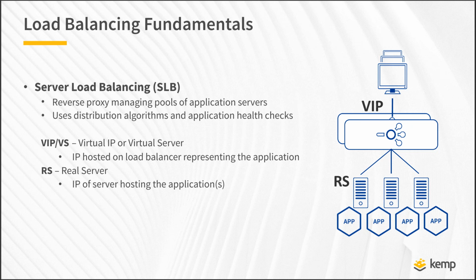These real servers have their own IP addresses, their own applications, but the load balancer is smart enough to know what those IP addresses are and what the applications are that are being hosted on those IP addresses. So we will tell the load balancer, this VIP is associated with these real servers for this application or this set of applications. And the load balancer will do the distribution.